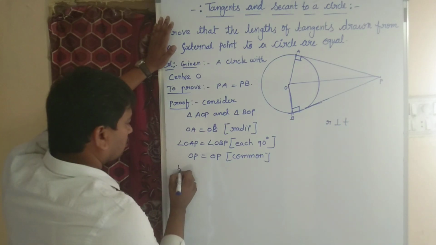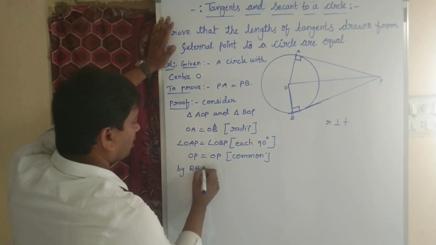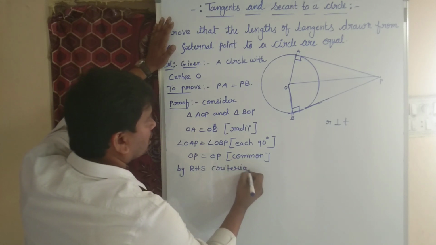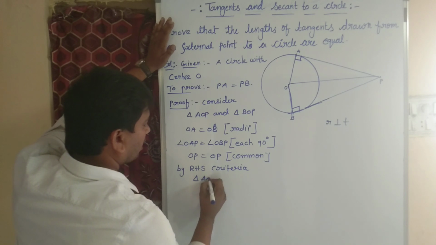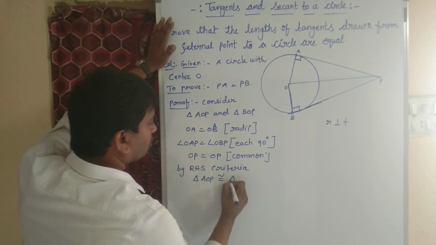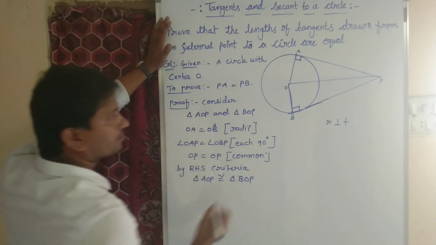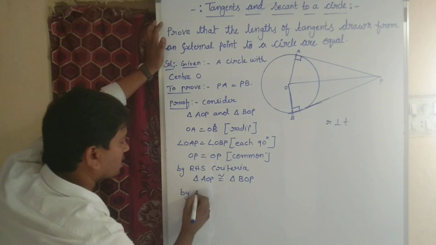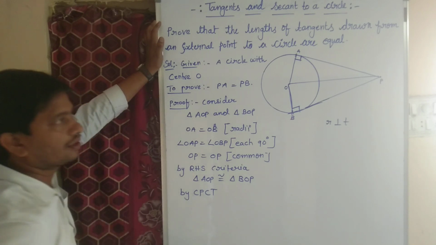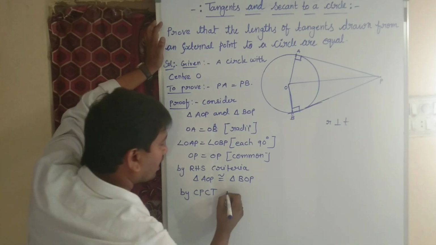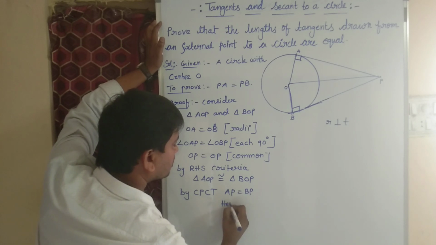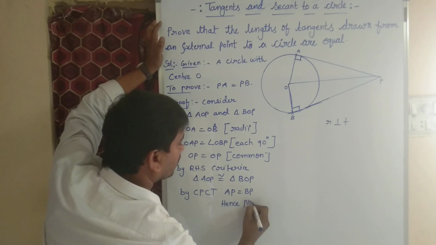So by right angle hypotenuse RHS criteria, I can say that triangle AOP is congruent to triangle BOP. If two triangles are congruent, by CPCT, corresponding parts of corresponding triangles, I can say that AP equal to BP. Hence, proved.